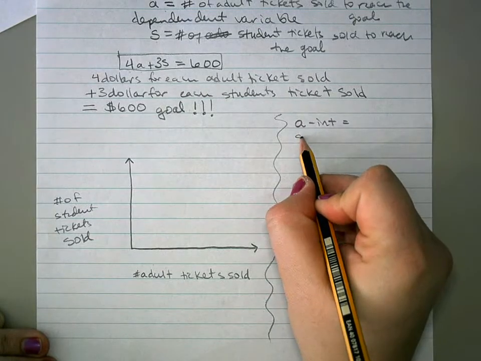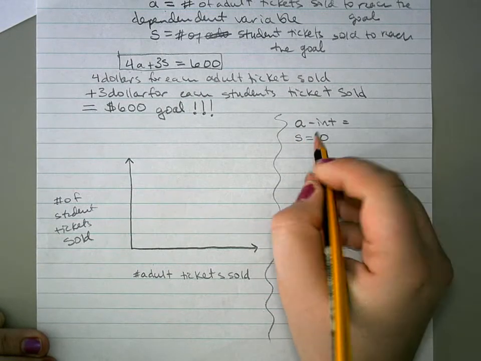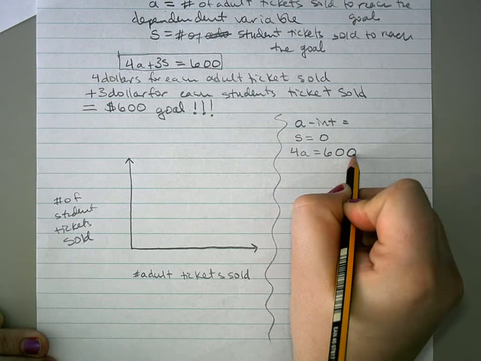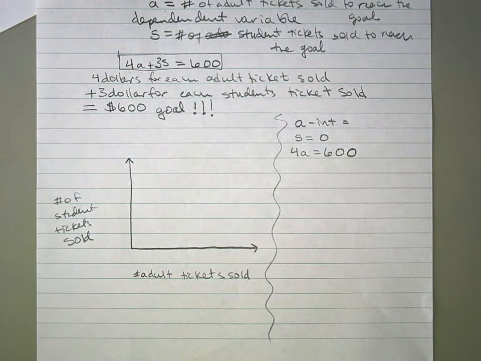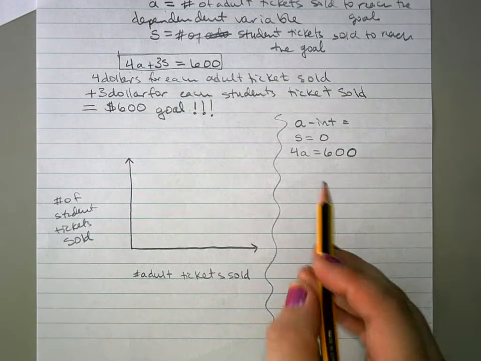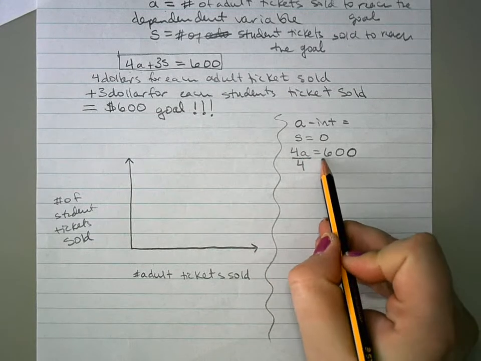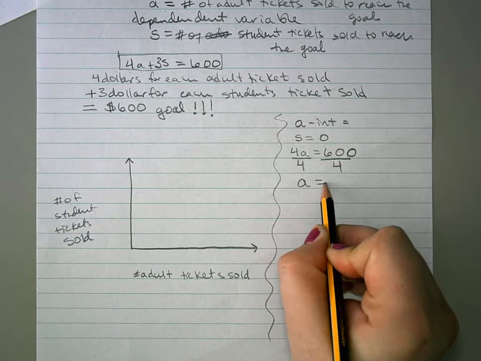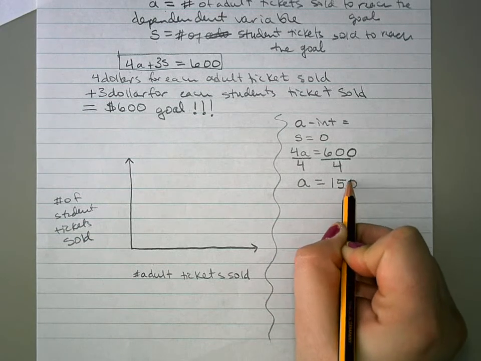So then that means that s is equal to 0, and we have 4a is equal to 600. For this situation, we want to divide both sides by 4, and we should get that a is equal to 150.